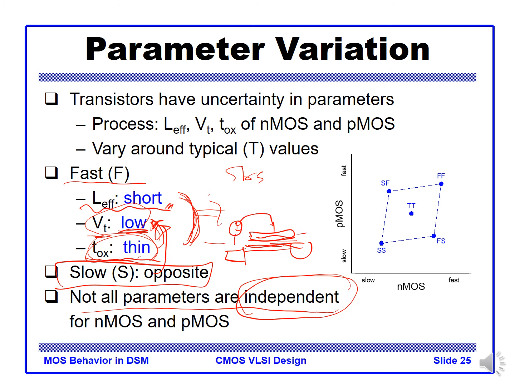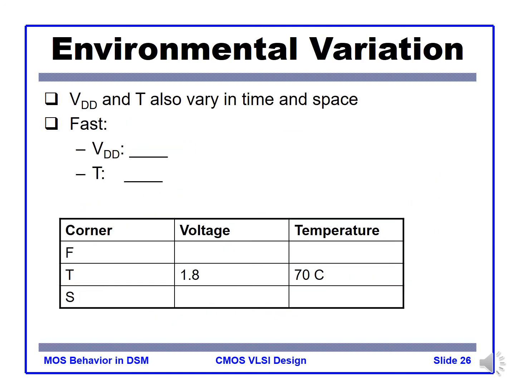The electrical field across the gate and surface will be greater. So it will take less voltage to make the channel inversion. So that will effectively lead to lower VT. So thin oxide leads to low VT, something like that. So all those parameters are closely related. So not all parameters are independent for NMOS and PMOS. So all these are closely related.